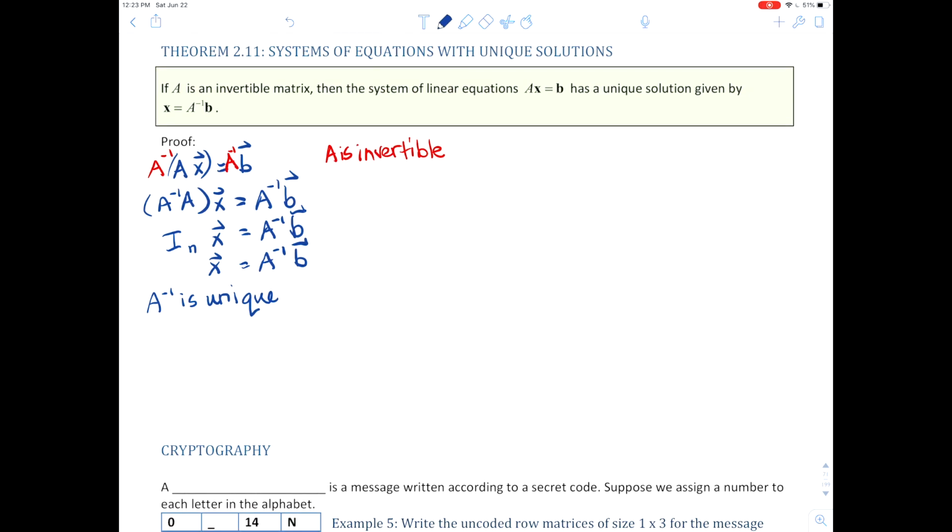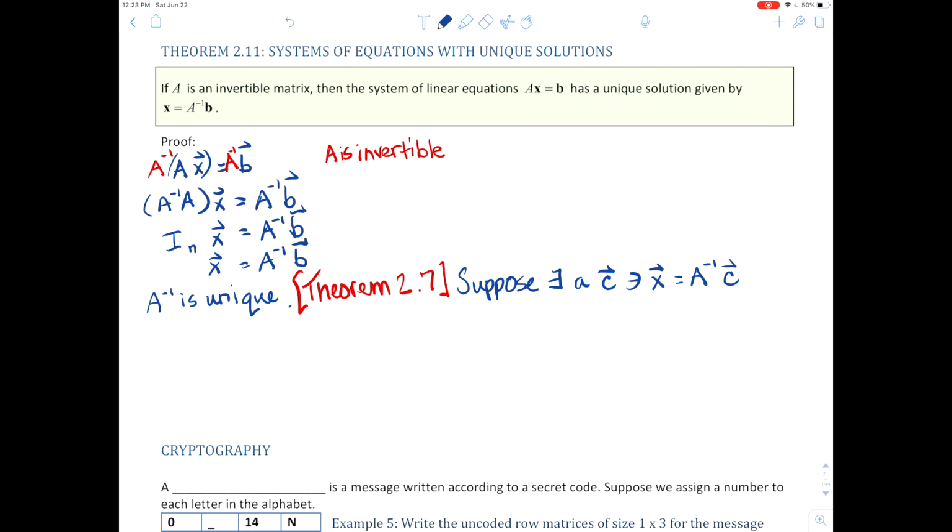All right. So since you've got this unique inverse, why don't we suppose there exists a C vector such that this X vector is equal to A inverse times the C vector.